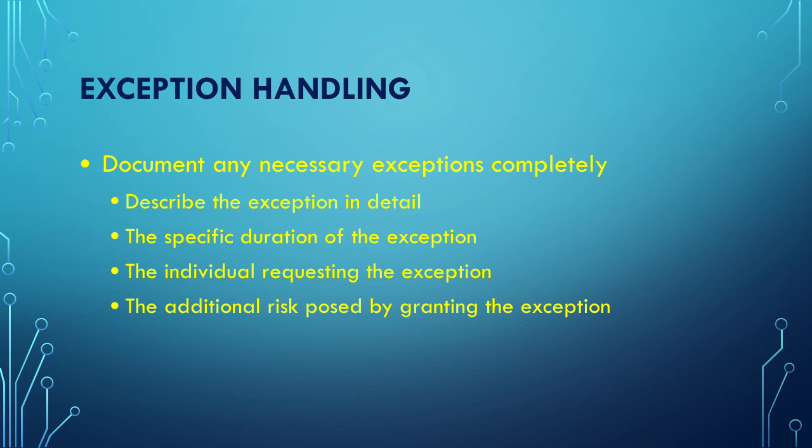There are, of course, going to be exceptions, because you learned that in school when you were little, right? There's an exception to every rule. You need to document any necessary exceptions completely, because when the auditors come, and they will come, you need to make sure that you are able to support any necessary exceptions to any normal security protocols that you have.